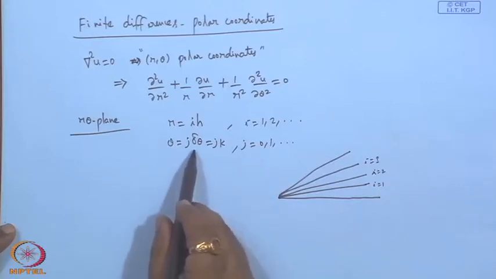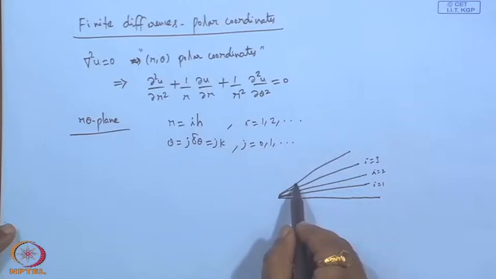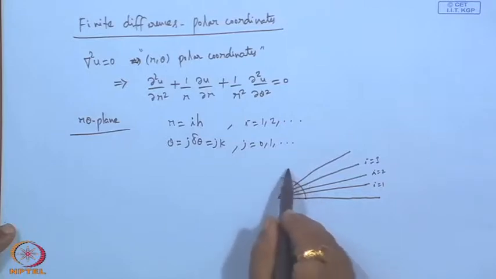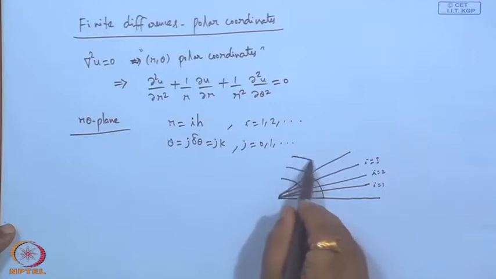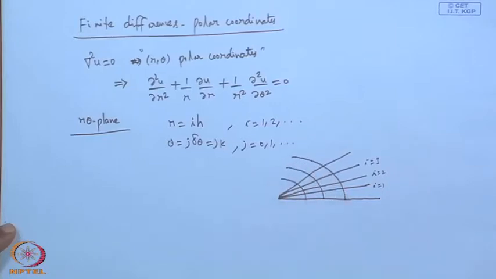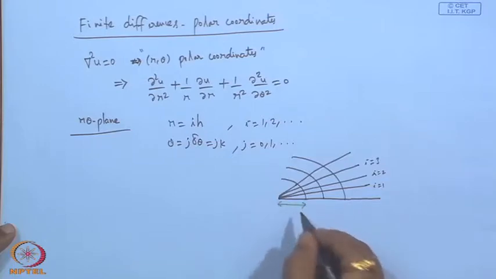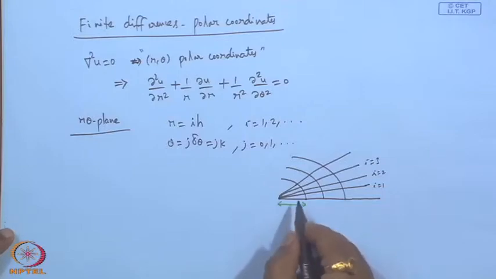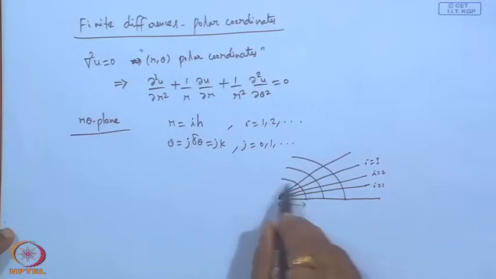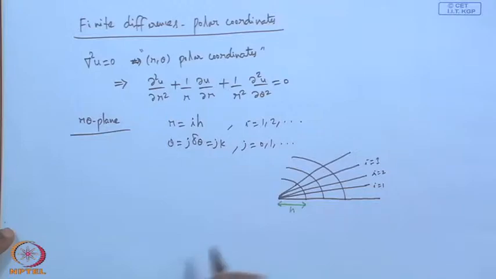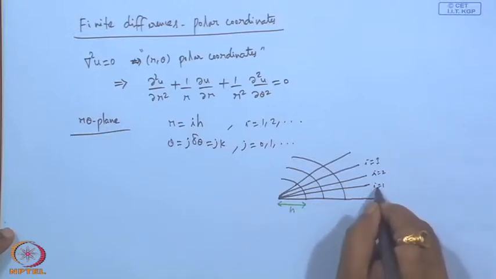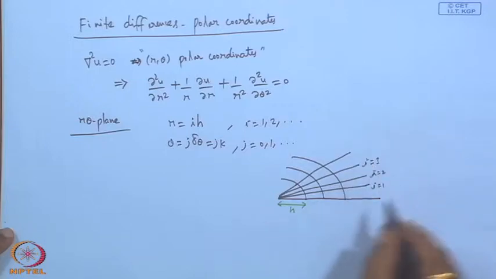Now, theta is also discretized, which means we have, so this distance is corresponding to R. Okay. So, and this will be corresponding to theta. Okay.